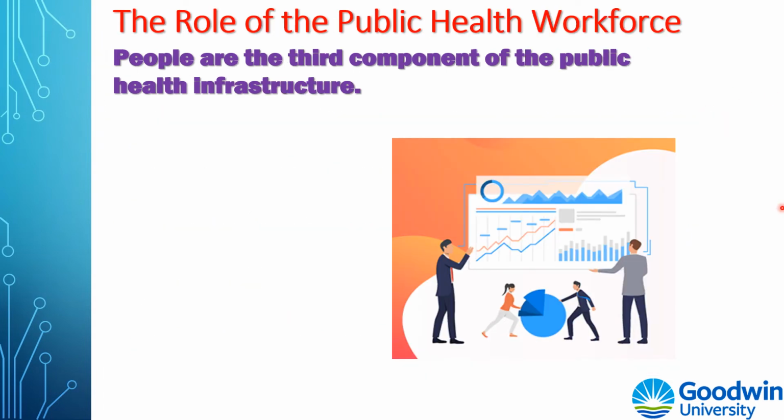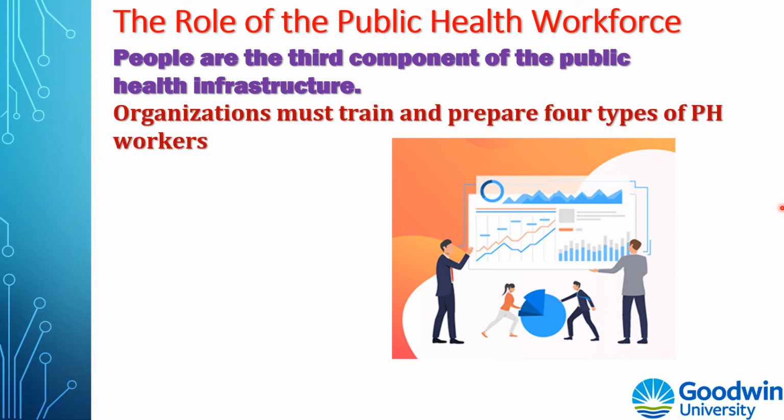And there are people that are the third component to public health infrastructure. So organizations need to train and prepare for 4 types of public health workers, correct? We have end users. So what do we have? We have executives. Those are the state health officials, the county officials, the branch chiefs, and the others who lead public health organizations, the managers and the individuals who direct or coordinate public health programs.